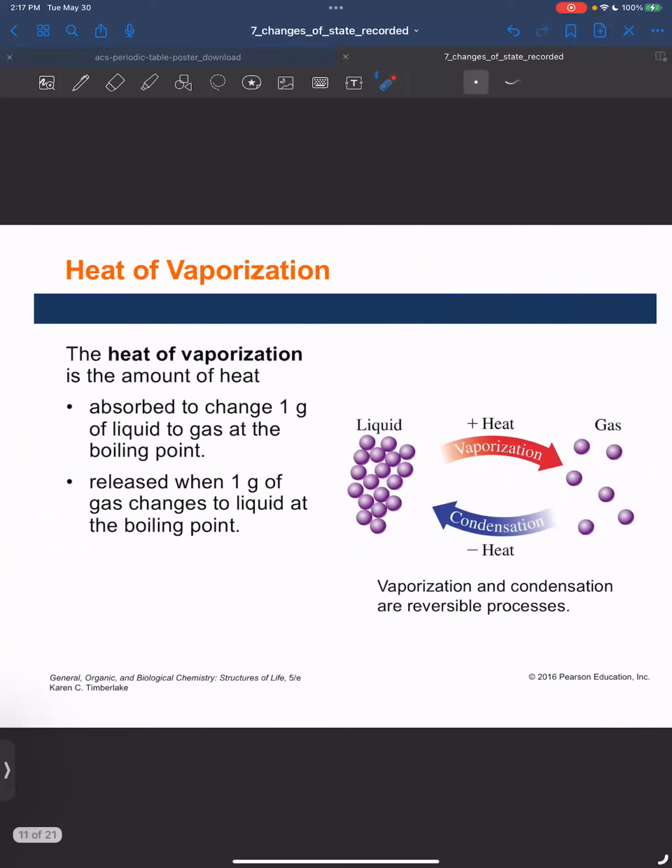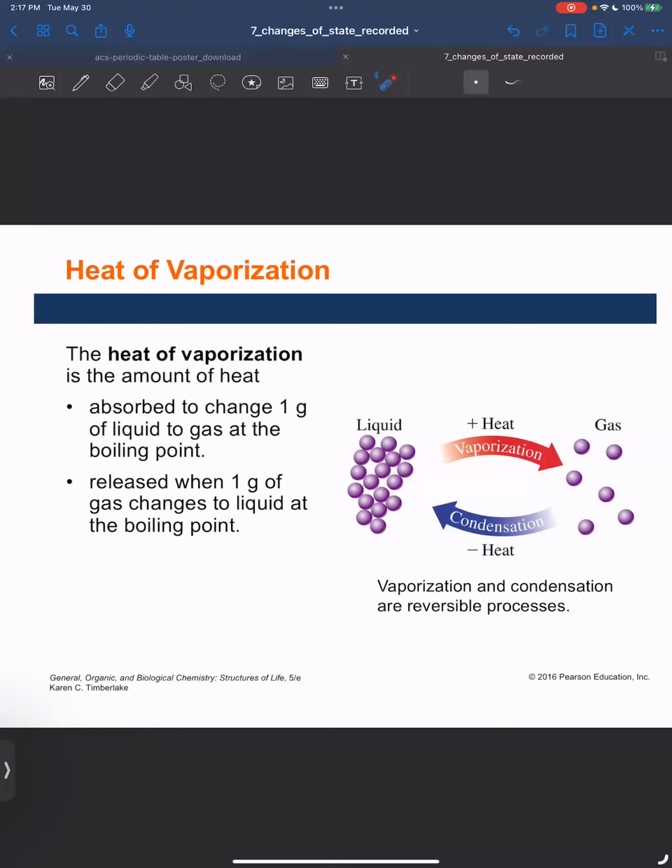Now, coming back to vaporization and condensation, we will mainly be working with melting and freezing and vaporization and condensation in terms of calculations and quantifying how much heat energy is released or absorbed for these processes. Sublimation and deposition is not as common. Typically, only a few substances sublime or undergo deposition.